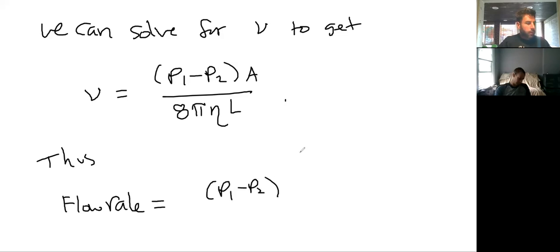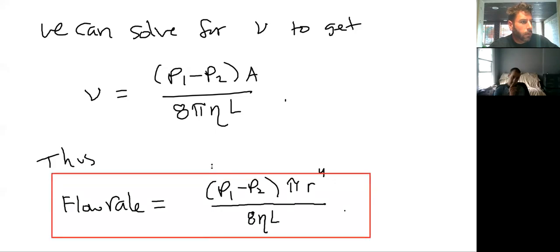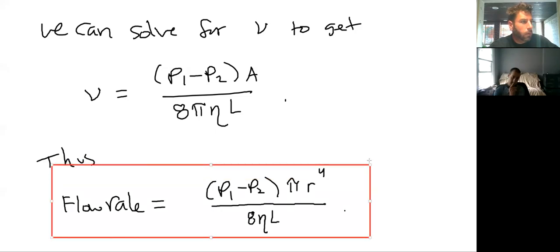But if you put the flow rate in, which incorporates A and volume, and you solve this, you end up getting the following. You get this creature, which must be put in this box.